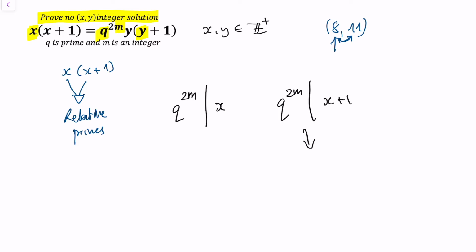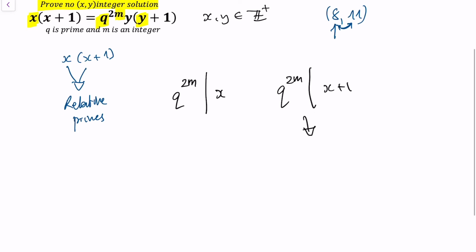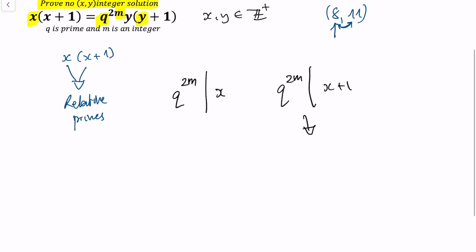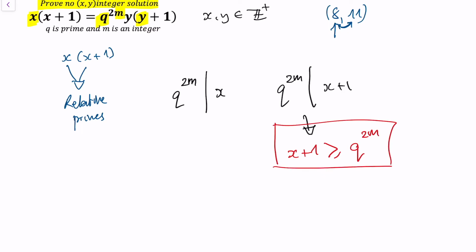Now we're going to make use of this relation. If q to the power of 2m divides x plus 1, that means x plus 1 must be greater than or equal to q to the 2m. Now let's put this in a box because we're going to use it a bit later.